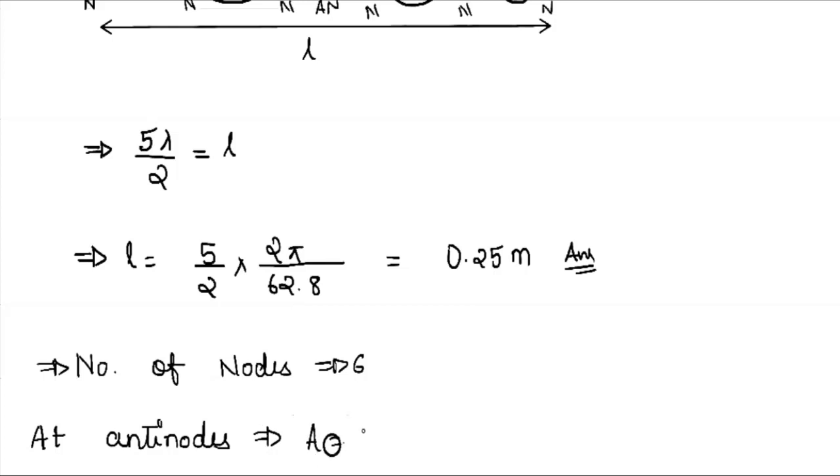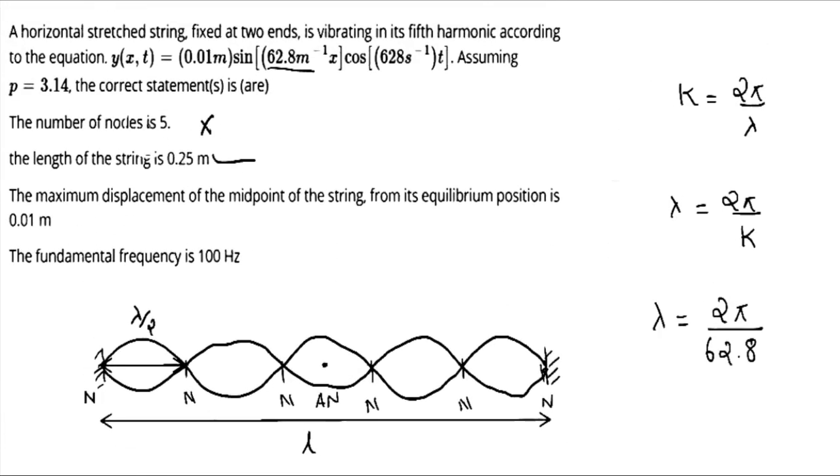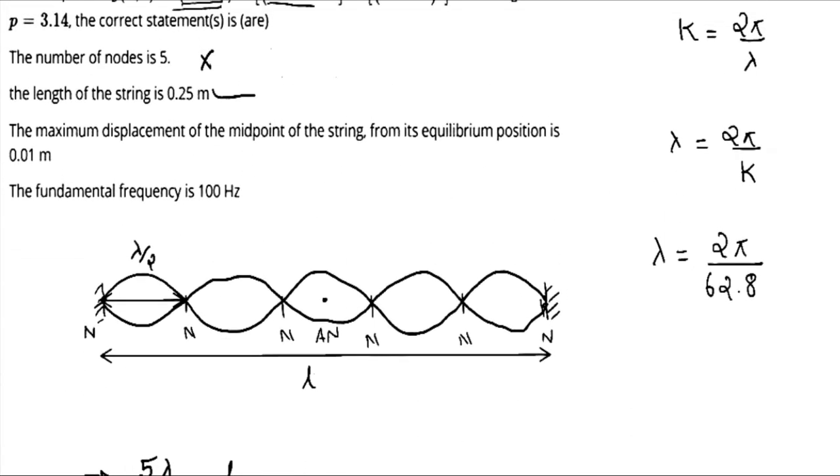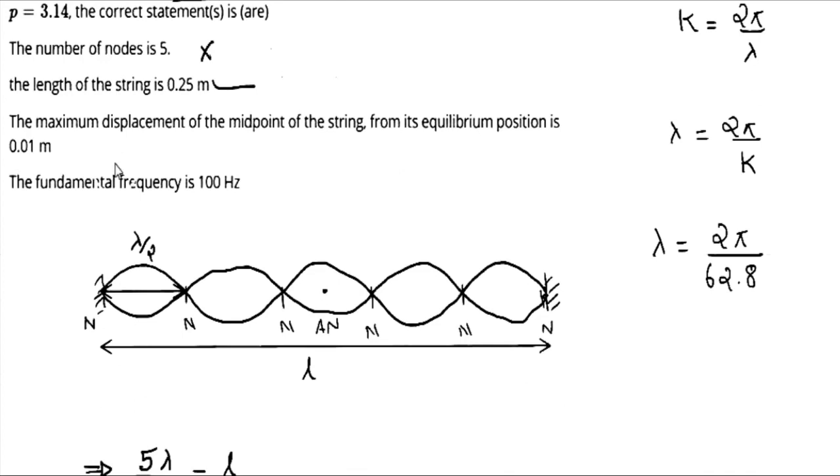In this case, our equation has maximum amplitude 0.01. So A max will be 0.01 meters at the midpoint of the string, which is true. So our third option will also be true.